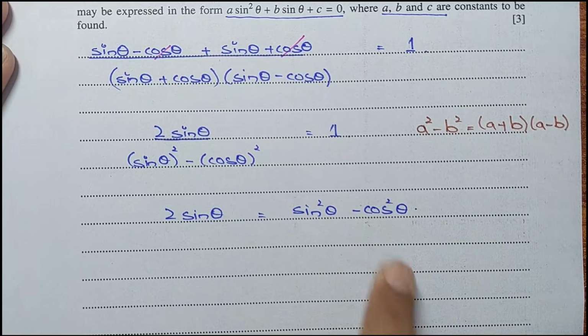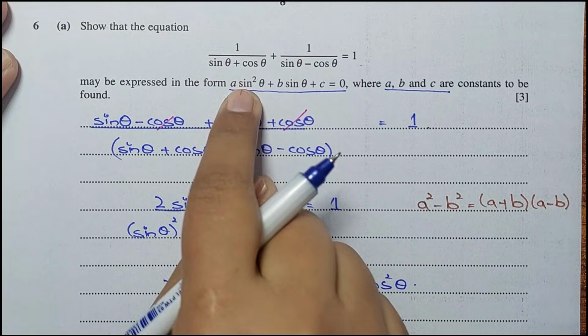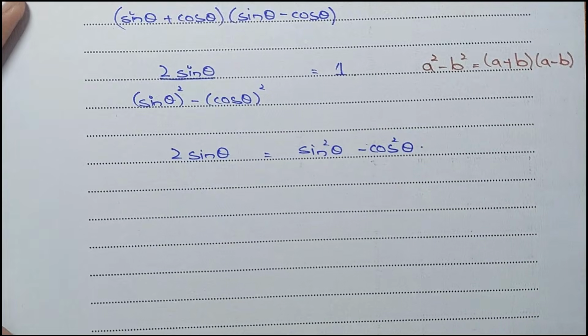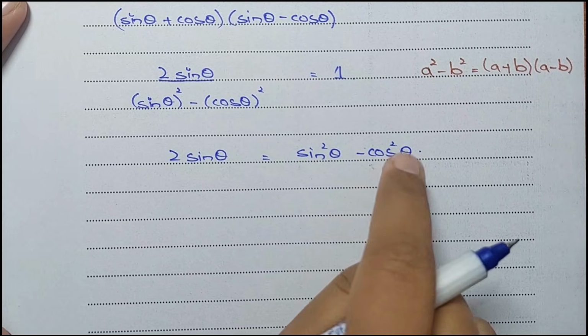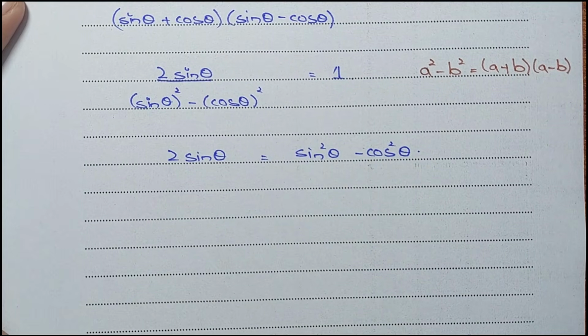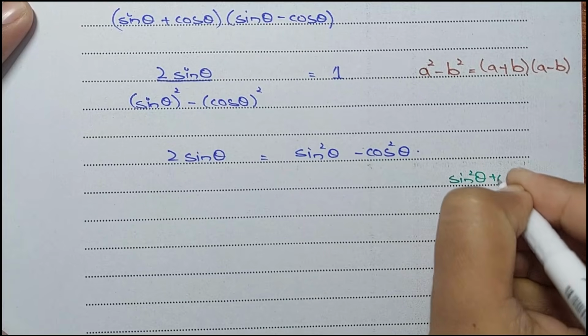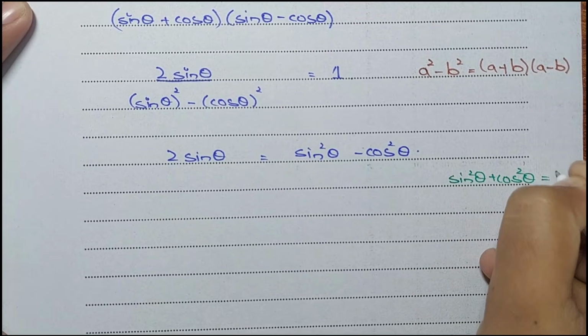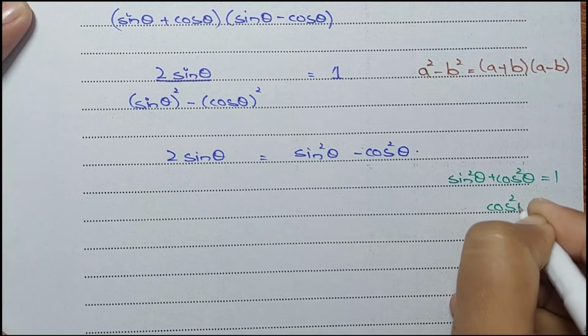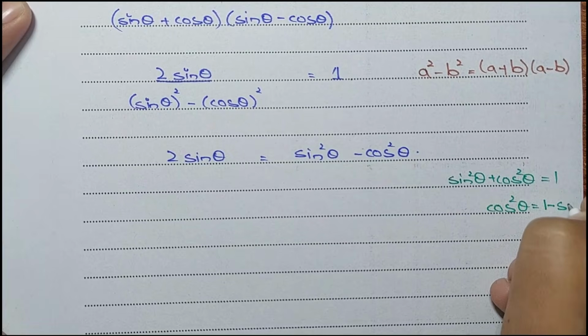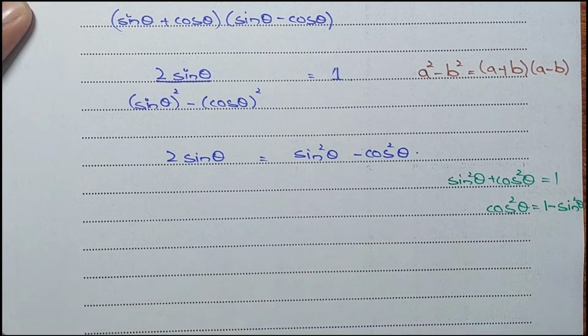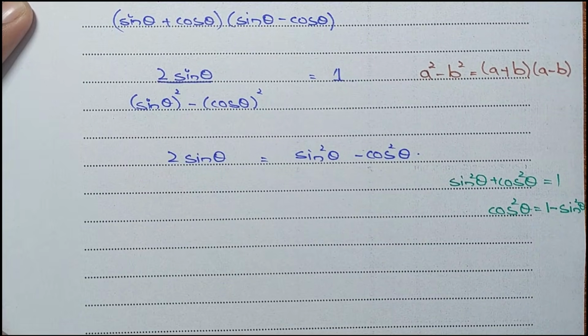But you can see we have to convert everything into sine square, sine and a constant, a quadratic equation in sine basically. This is in cos, so we have to shift it. We know that sine square plus cos square is 1, so cos square is 1 minus sine square. Write it down.